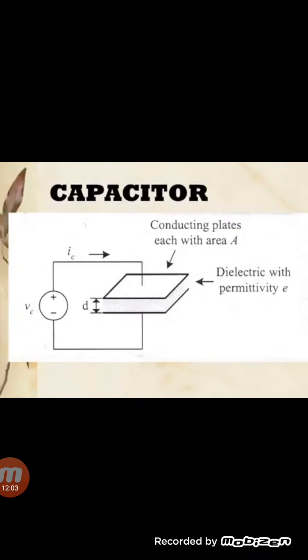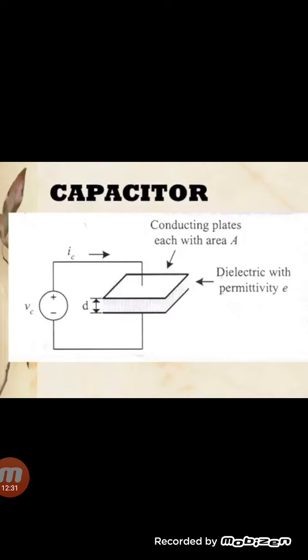Okay, now let's read about the capacitor. This is a capacitor in front of you. It consists of two conducting plates, each of area A. This is the dielectric medium. Anything can be over here: it might be air, it might be wood, it might be water, anything else.